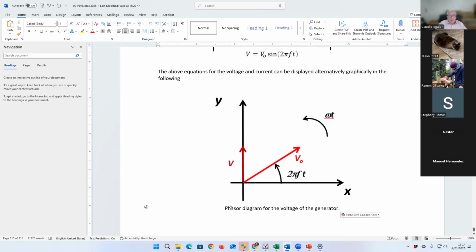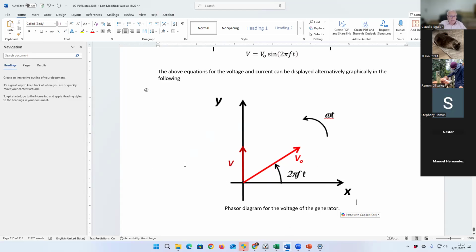This type of diagram is called the phasor diagram. Okay, so what we have here is a vector. This vector represents the amplitude of the voltage. That's why I put V naught here. And this vector makes an angle 2 pi ft with the x-axis.